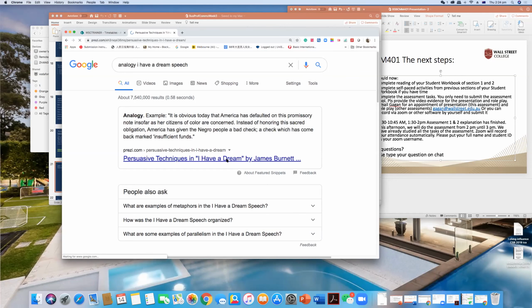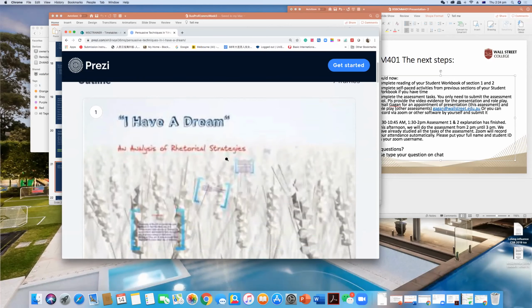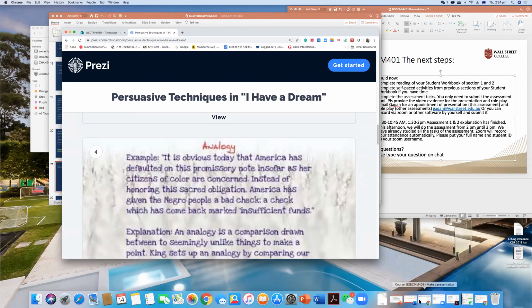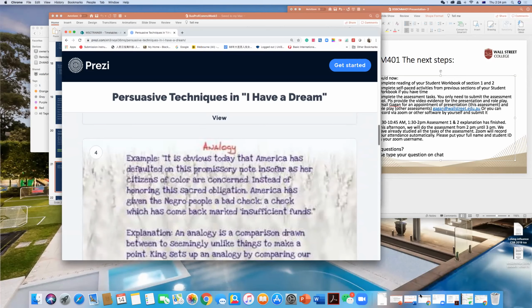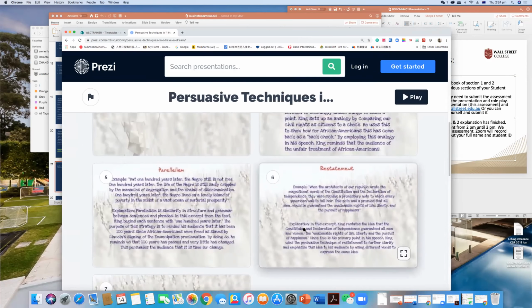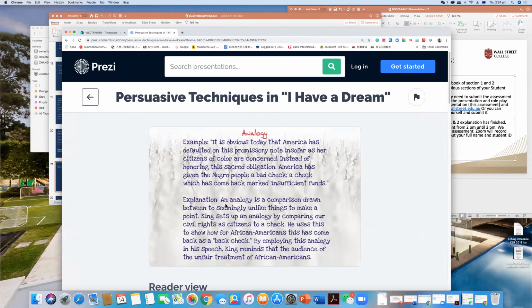It's here. We can maybe open this link. An analogy is a comparison drawn between two seemingly unlikely things to make a point. Dr. King sets up an analogy by comparing our civil rights as citizens to a check, right?